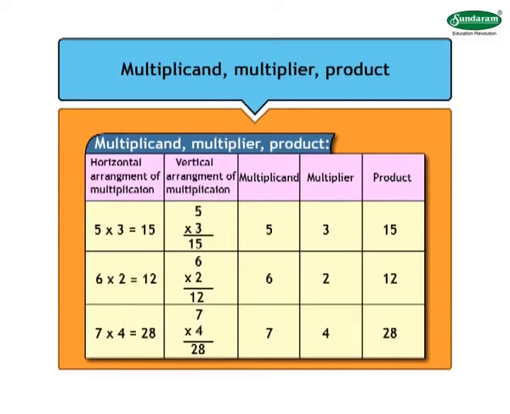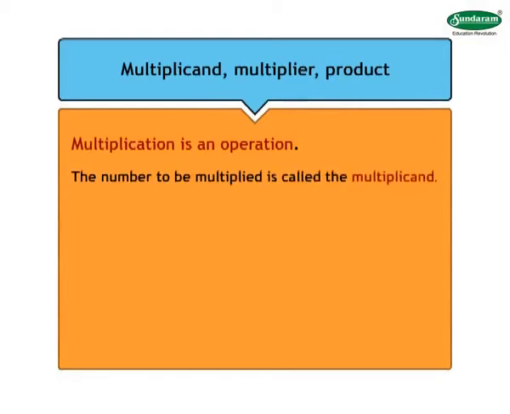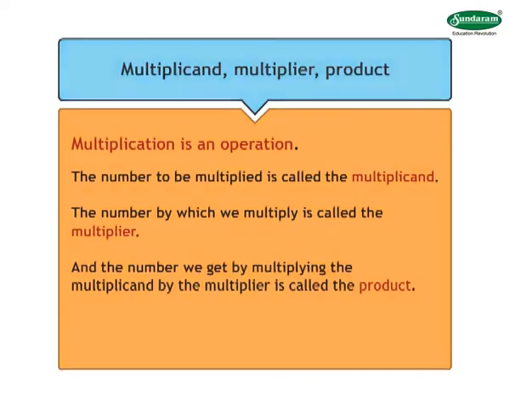From these examples, we come to know that multiplication is an operation. The number to be multiplied is called the multiplicand. The number by which we multiply is called the multiplier. And the number we get by multiplying the multiplicand by the multiplier is called the product.